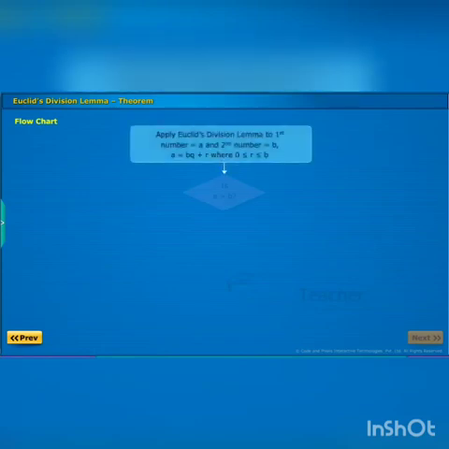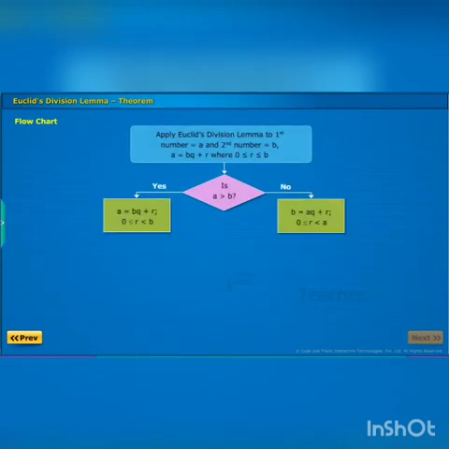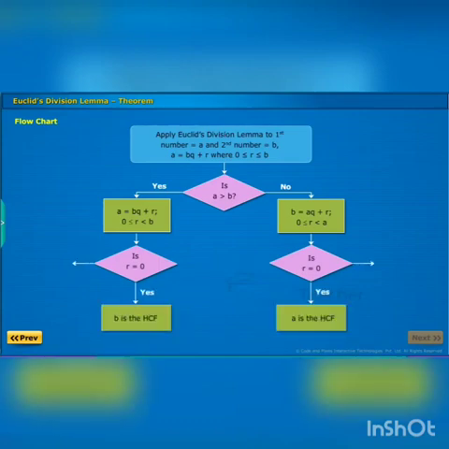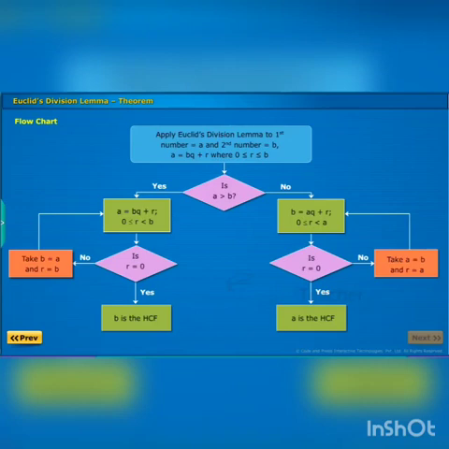Flowchart. Here let us know sequentially in the flowchart the steps to find the HCF. Let the first number be a and the second number be b. If a is greater than b, then according to Euclid's division lemma, a is equal to bq plus r, where q and r are integers and 0 is less than or equal to r, which is less than b.